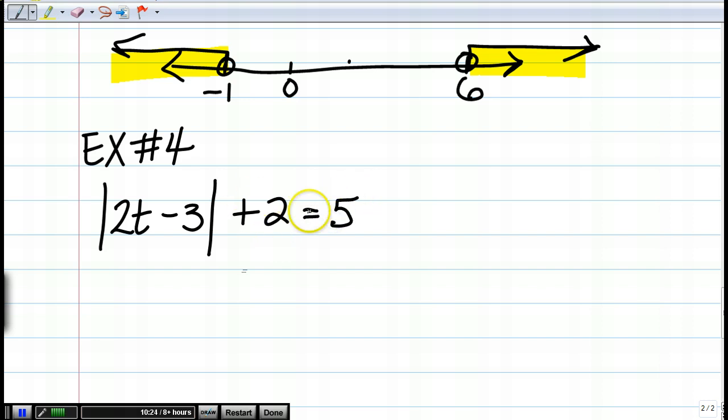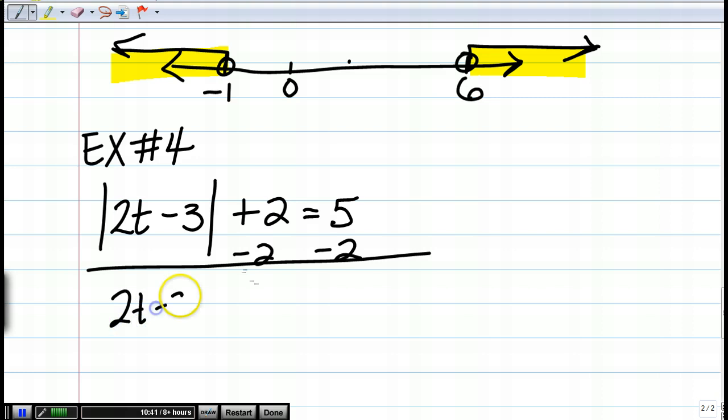Now, the absolute value is not by itself. So you cannot rewrite this problem into two different equations until you get rid of this 2. So you can't make it a negative 5 yet. Here's what happens. When we get rid of the 2, you'll have 2t minus 3 in absolute value signs equals 3.